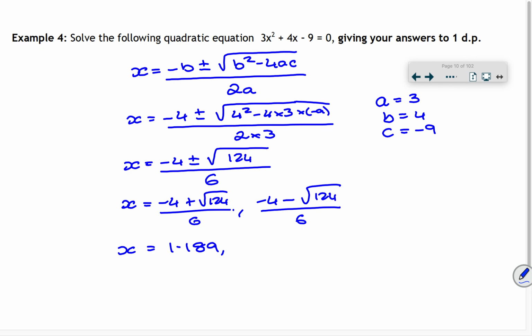And then it's going to be minus 4 minus the square root of 124 divided by 6, which is going to be minus 2.523. So that means that x has to be approximately equal to, and it's to 1 decimal place, 1.2 or minus 2.5 to 1 decimal place.